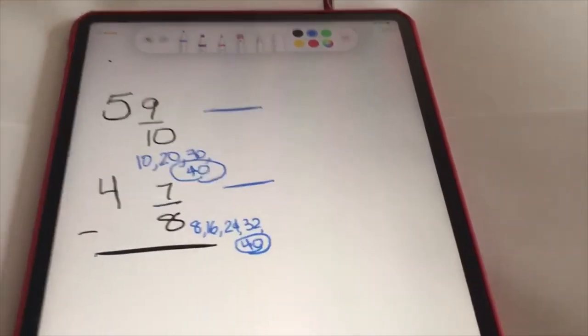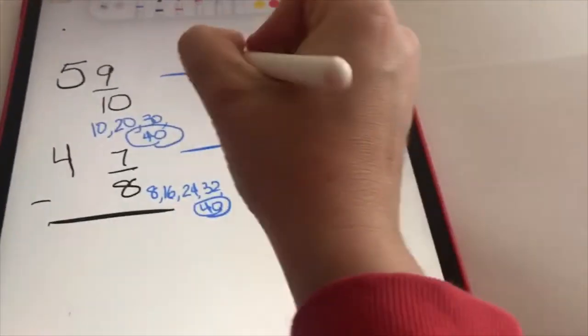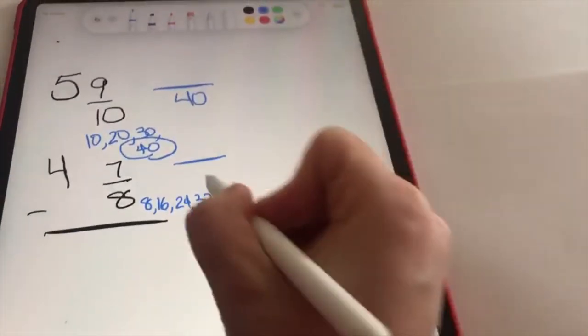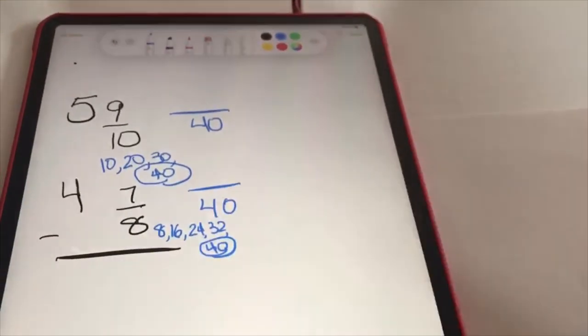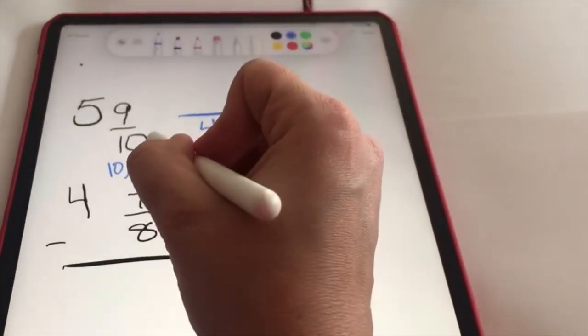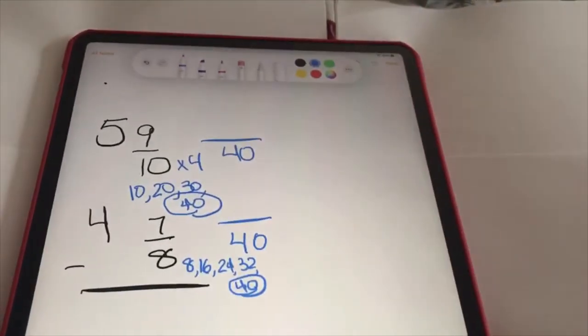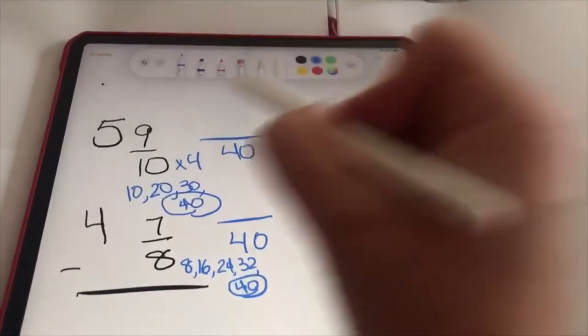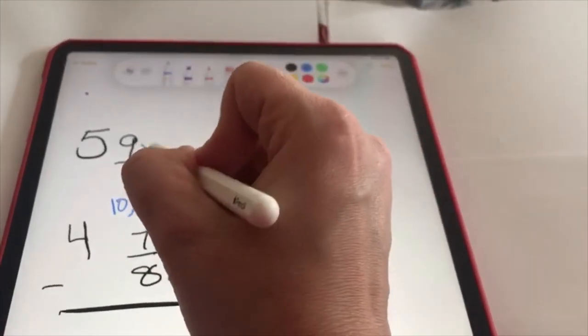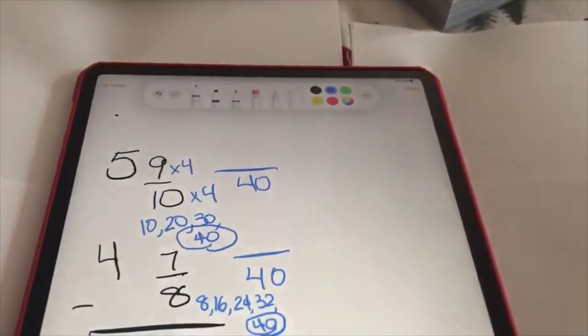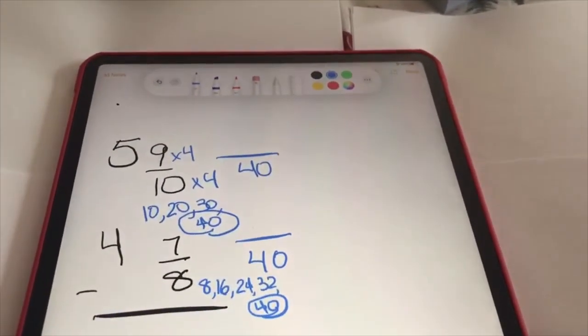So, what do I need to multiply 10 by to get 40? Well, I know 10 times 4 is going to give me 40. So whatever I do to the bottom, I have to do to the top, okay? So now I have to figure out what 9 times 4 is.